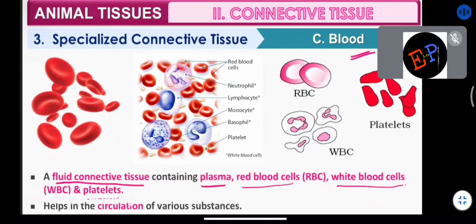What is meant by plasma? Plasma is a liquid in which all these components are floating. RBCs are floating, WBCs are floating, platelets also, and all of these are being carried with the help of a liquid, or a semi-fluid type of substance, which is called plasma. Clear? So it helps in circulation of various substances.